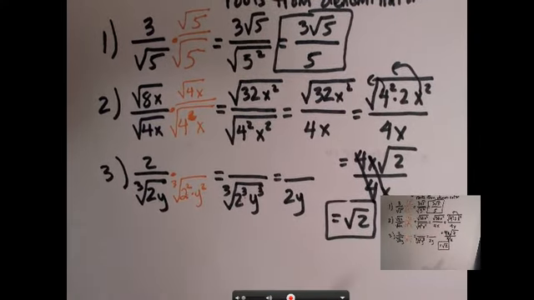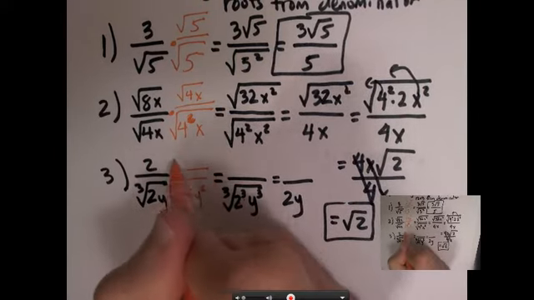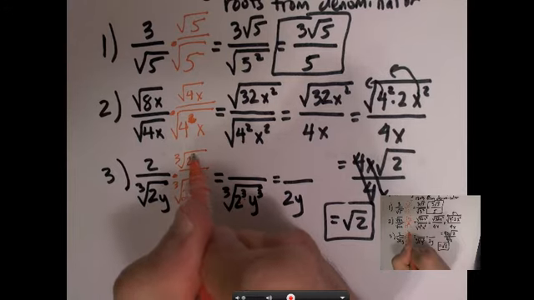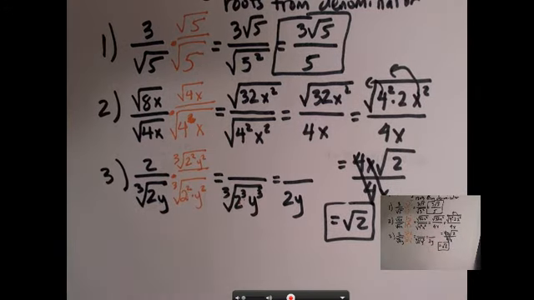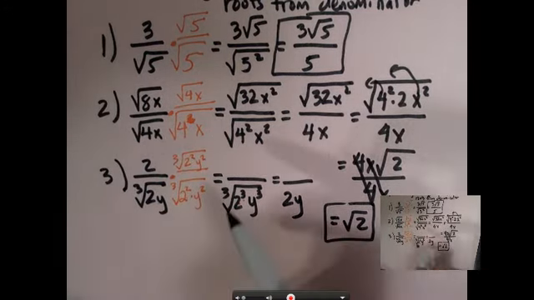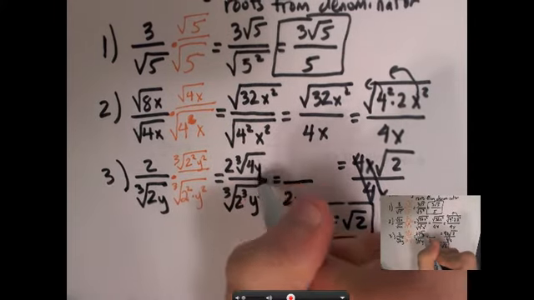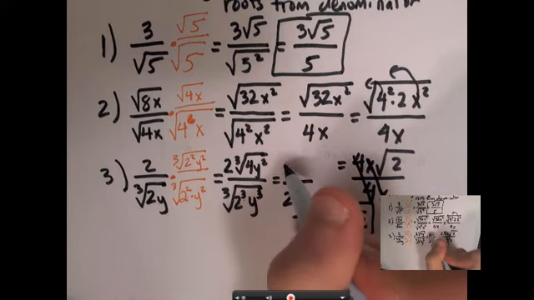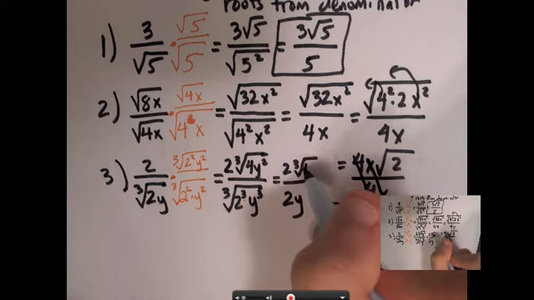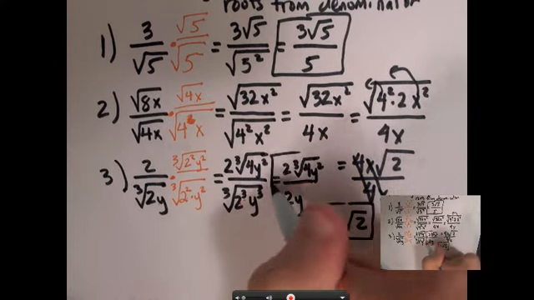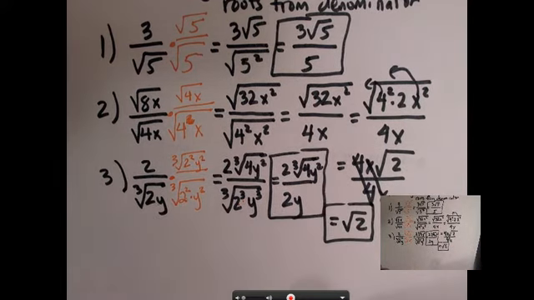So we get numerator and denominator, of course, cube root of 2 squared y squared, or 4y squared, if you will. So we're going to get 2 times the cube root of 4y squared all over 2y.